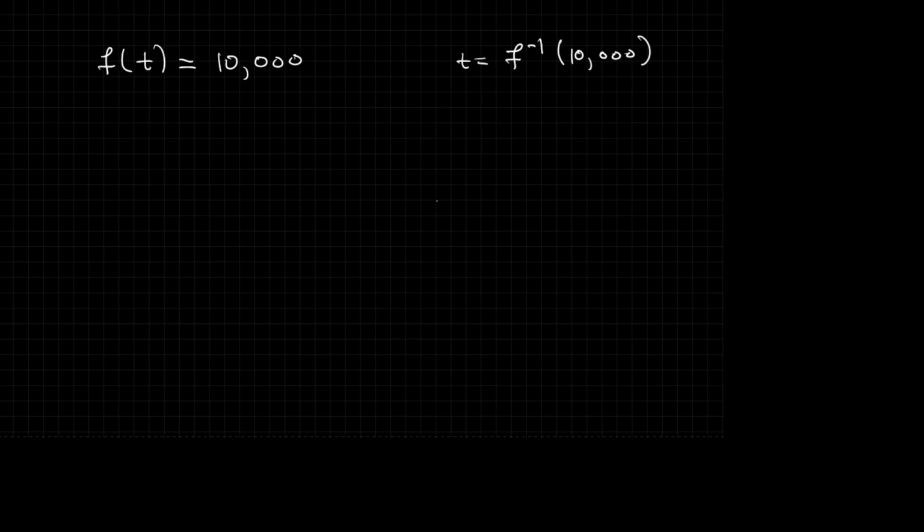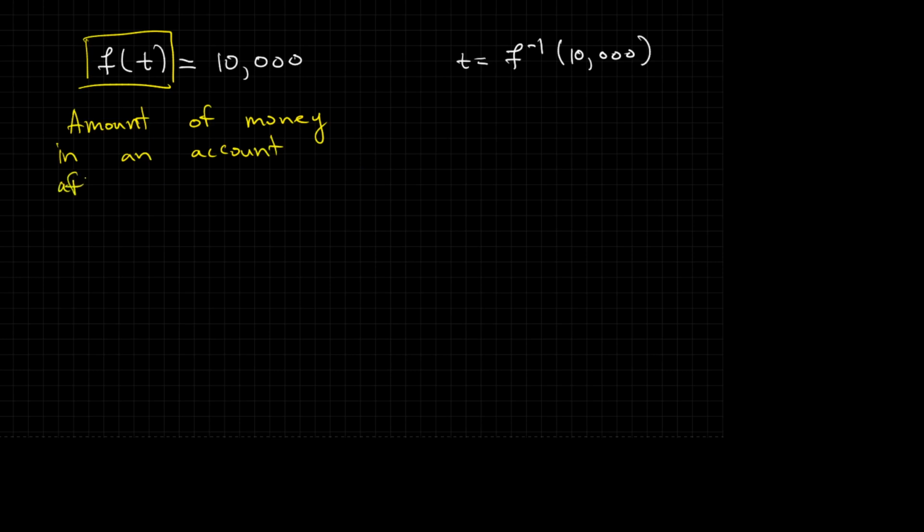You still might be asking yourself, why would this be useful? Well, what if we were in the real life scenario where f of t was the amount of money in an account at time t? Or perhaps worded a little differently, after t years.